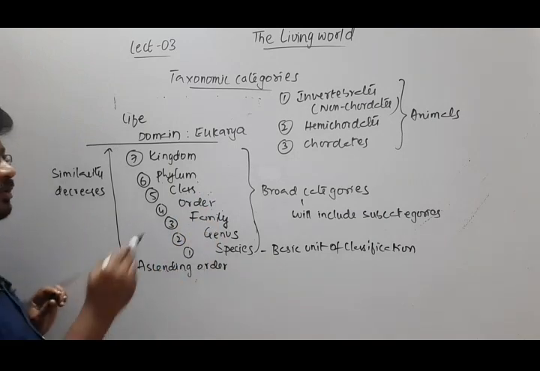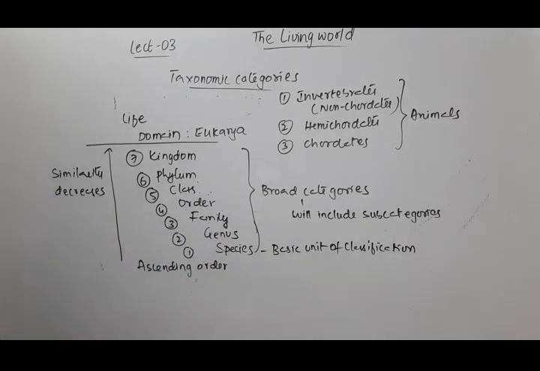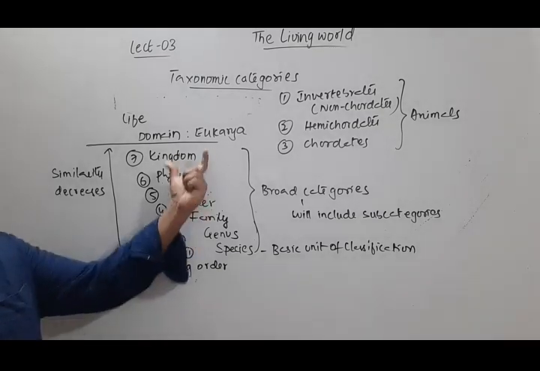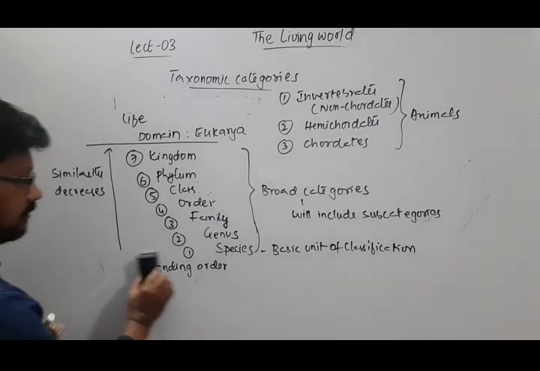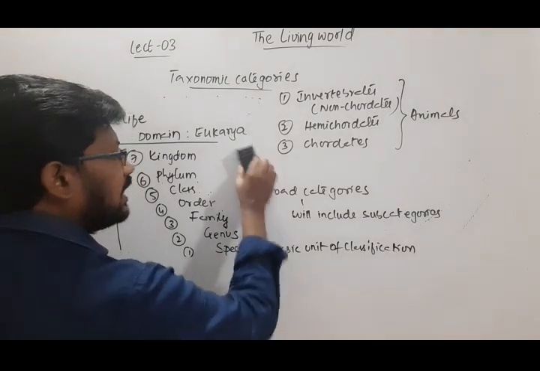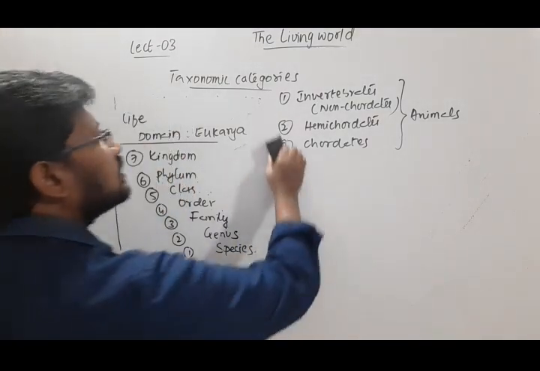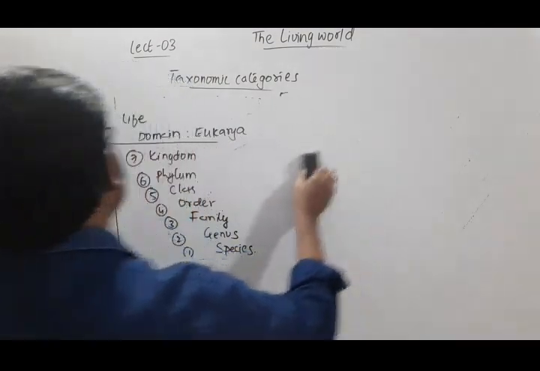Those are all called subcategories. I will give you an idea by taking human classification. First we will see it broadly, and later we will see it with the subcategories also.